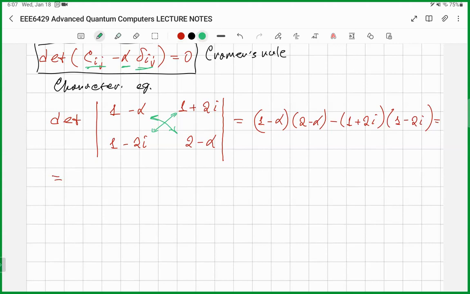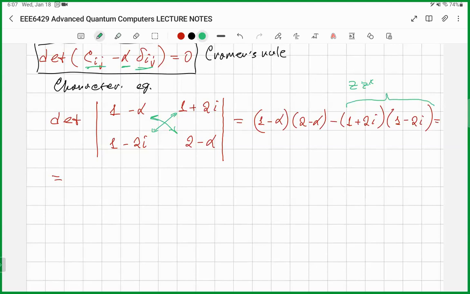So now look at this part here: 1 plus 2i and 1 minus 2i. This is the product of the complex number by its complex conjugate, right?